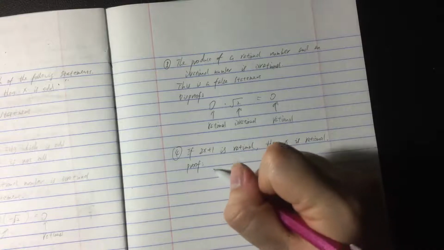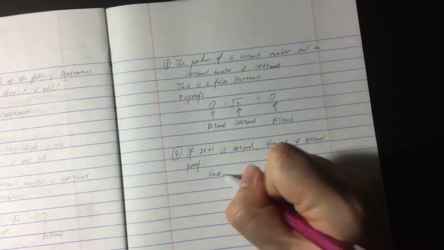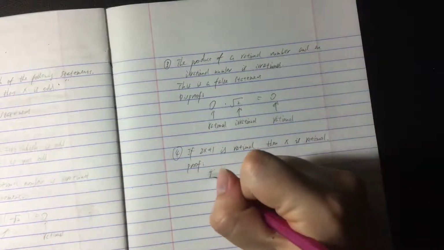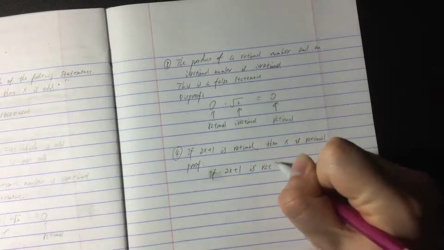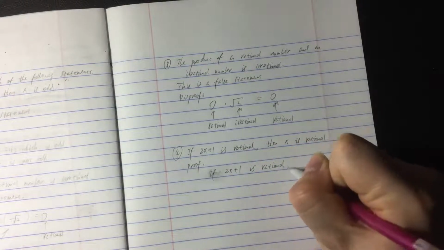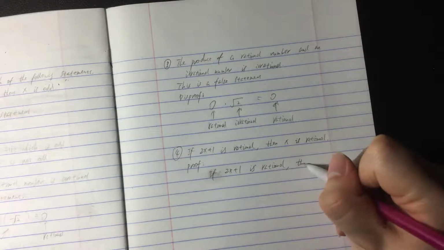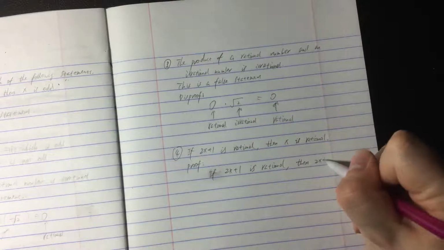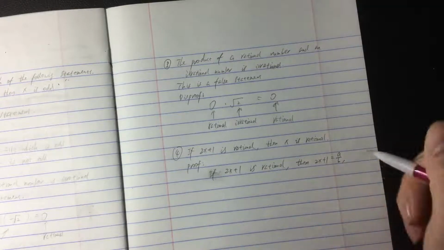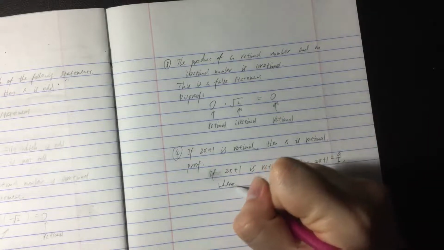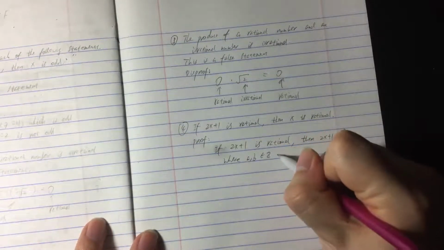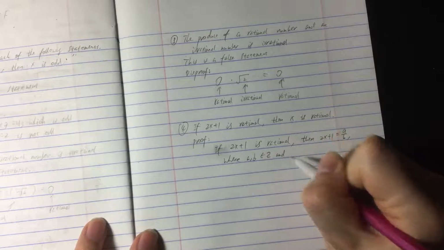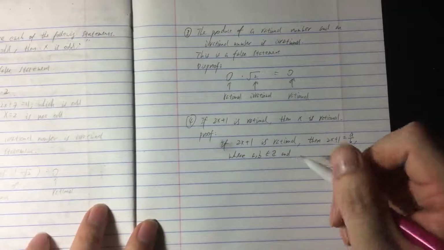So, since 2x plus 1 is rational, then 2x plus 1 equals a over b, where a and b are integers, and the denominator b cannot be 0.